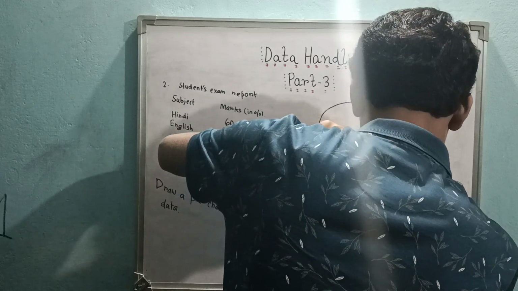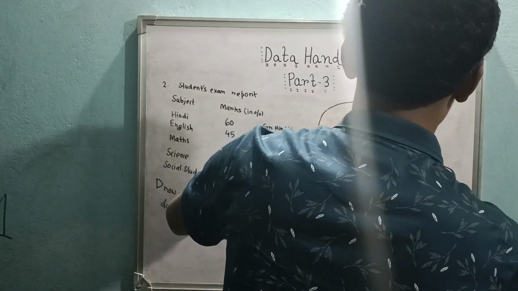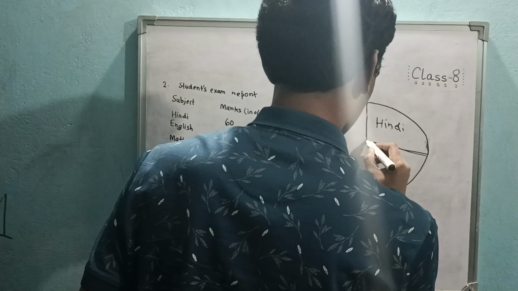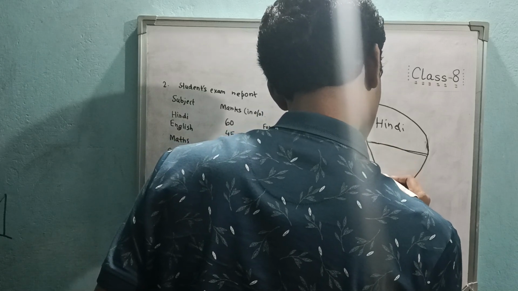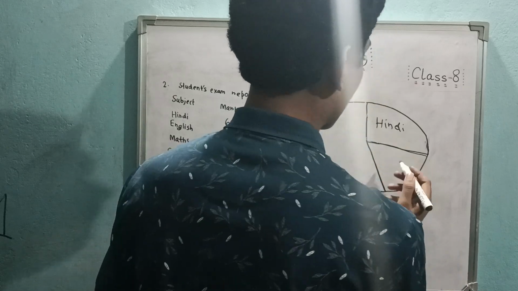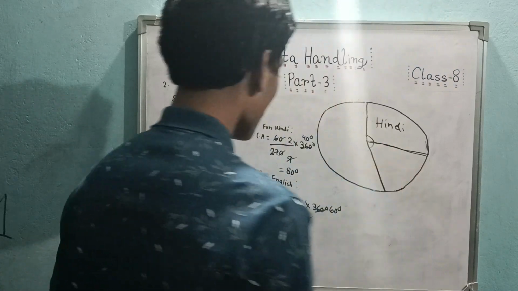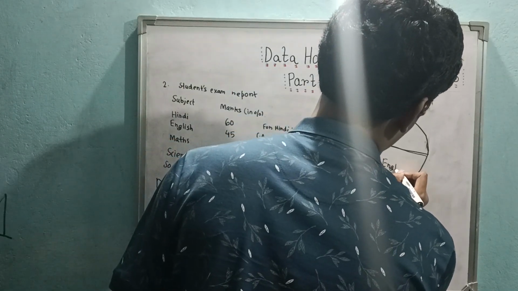I'm going to keep my protractor, whatever it's called, and draw. On this point, draw the straight line. So this angle, 60 degree, the central angle of English.